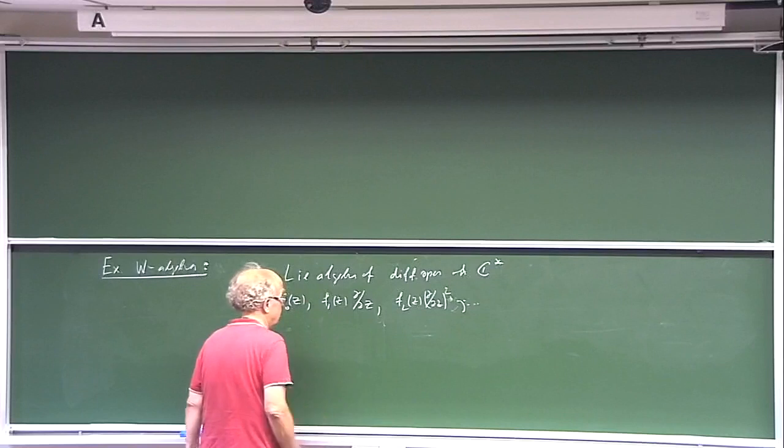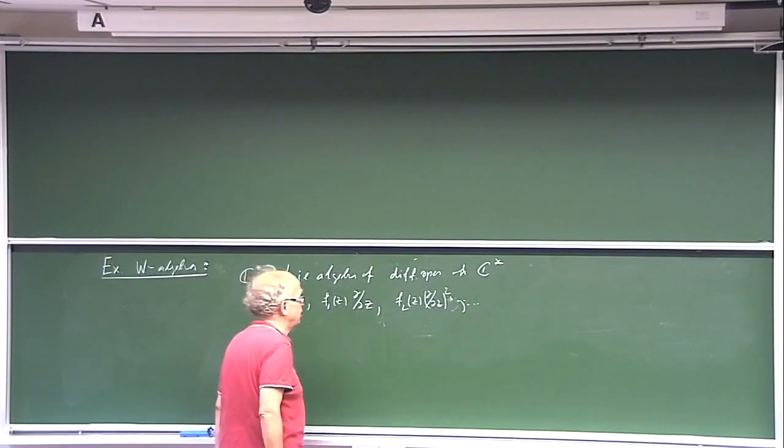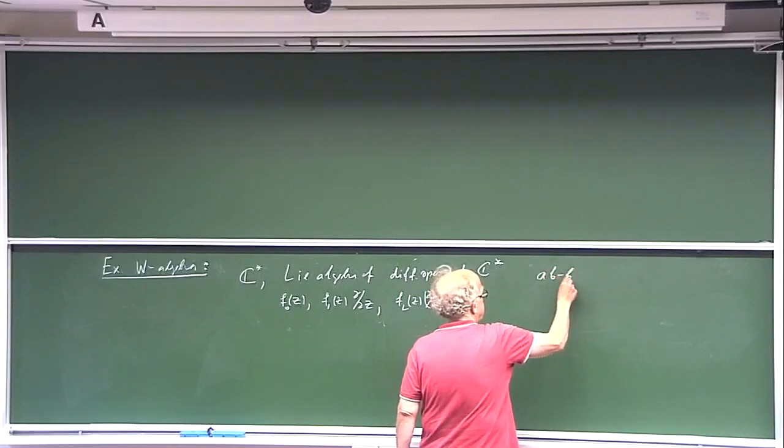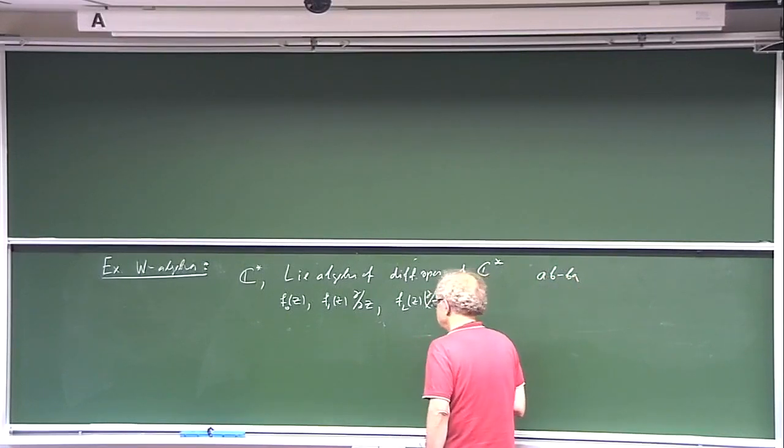First of all this is an algebra, but we can make a Lie algebra from it just by the operation AB minus BA as differential operators.